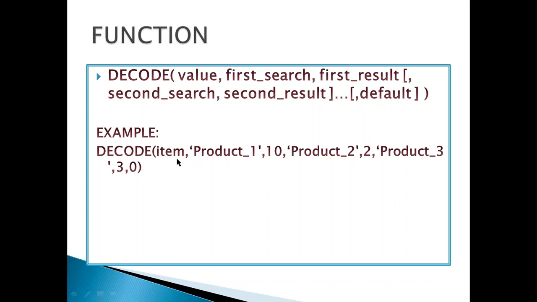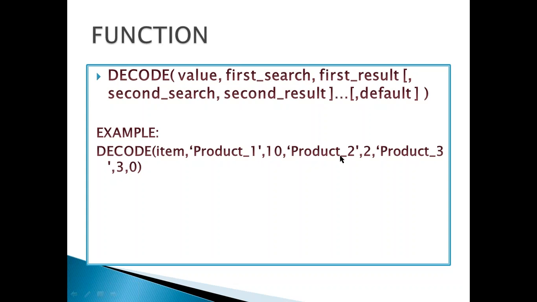To explain this with an example, see, we have a decode. Item is the name of a column or a port, and in the item port you have product 1, product 2, product 3. After decoding, whenever it finds product 1 in the item port, it will give the value as 10.